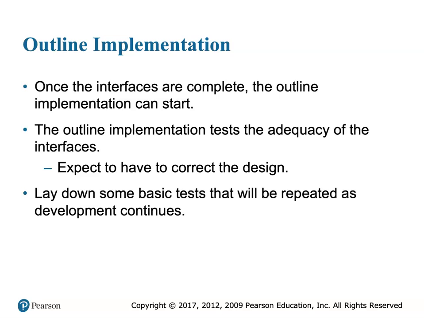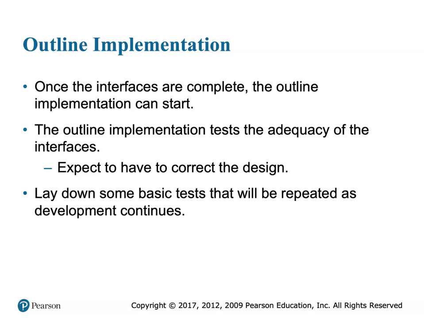Once you've determined all of your interfaces, now you can start to flesh out the outline. Which is to say, instead of just thinking about what you would do with CRC cards, you can actually begin to write stub code, which is code that doesn't do anything apart from calling the interface, calling the class with dummy objects or hard-coded values.